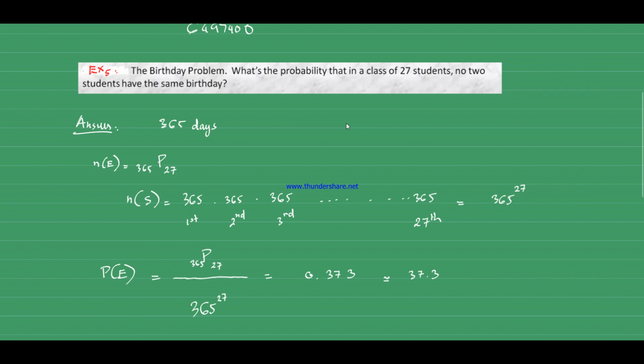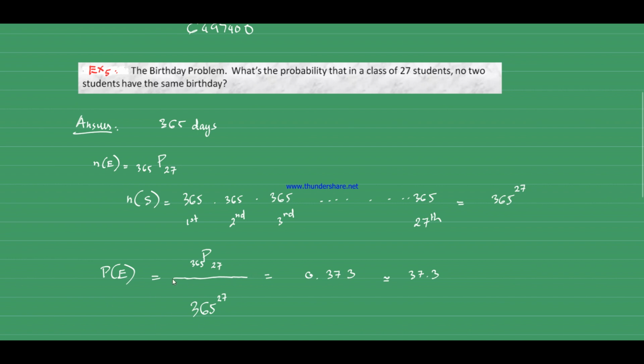I'm just afraid that in this kind of question, we might have something like 365 factorial in the sample space, because you have 27, so 365 factorial times 364 factorial, until, no, I don't think so.